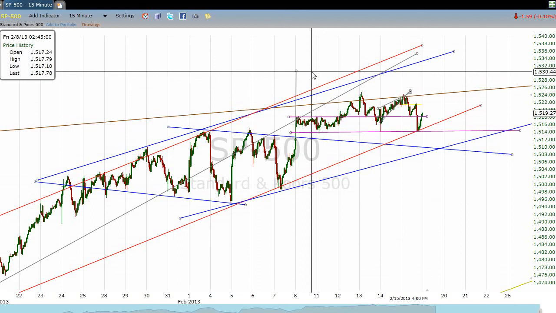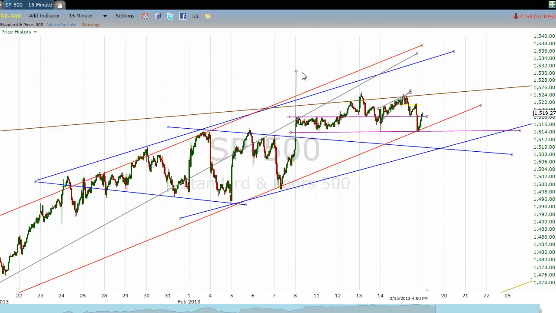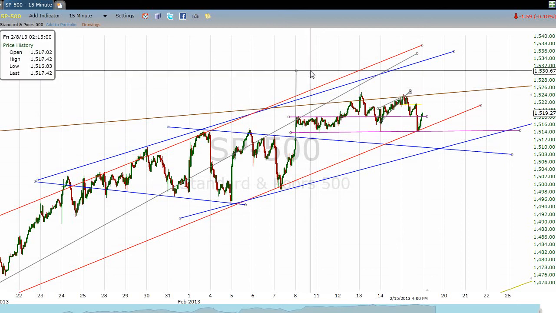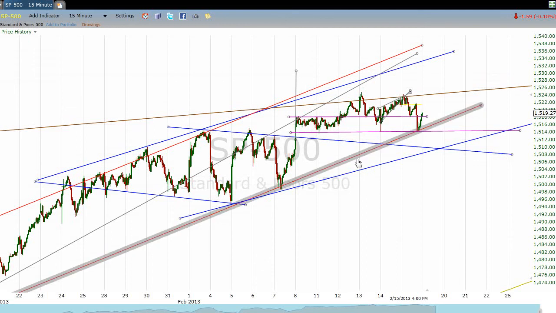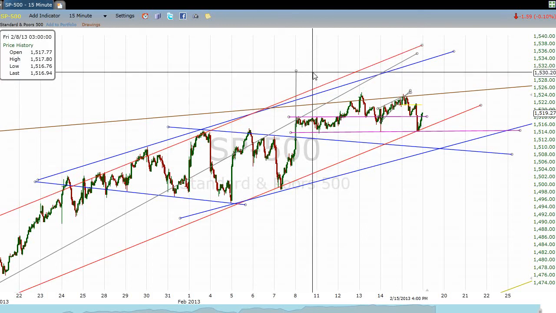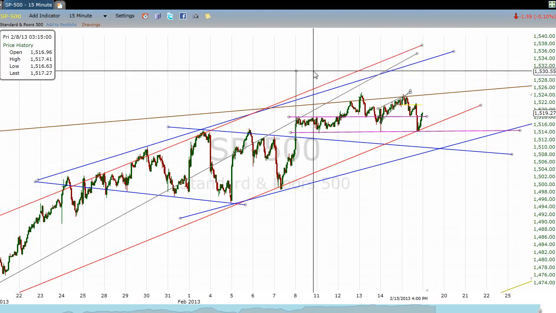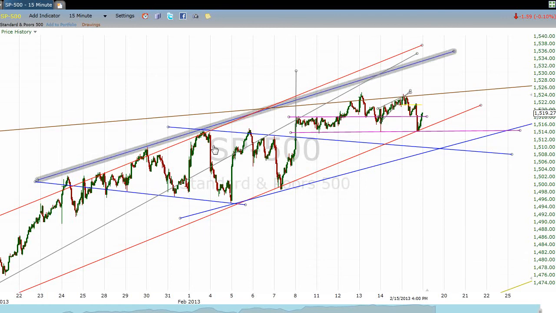But I'm not quite ready to throw this in yet. Until we show signs of a break of trend, I think we still have to keep this 1530, let's call it 1530. Keep that target in mind because that is what is pointed to from this entire 2 weeks of trading.